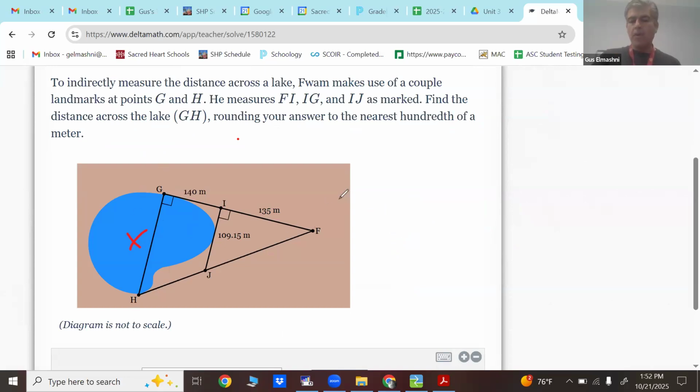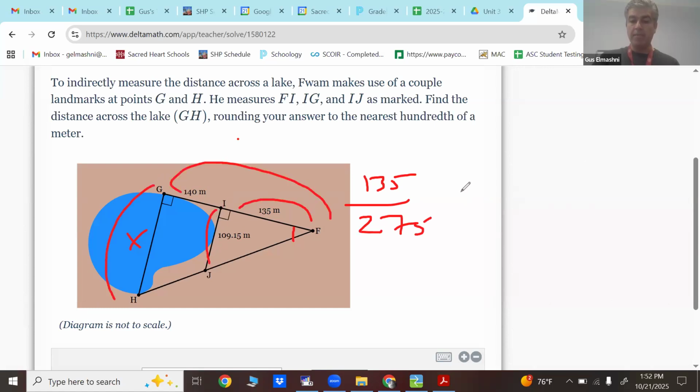Now, you know these are going to be similar triangles because they share angle F. So I could say 135 over 275. So small to big, small to big, small to big. And yeah, just use a calculator to work that out, whatever that is.